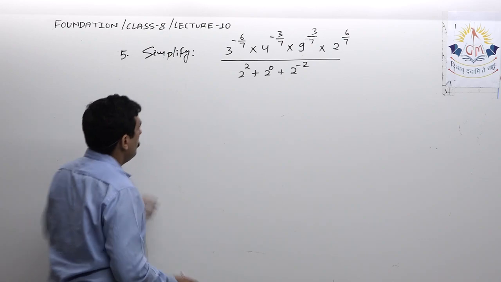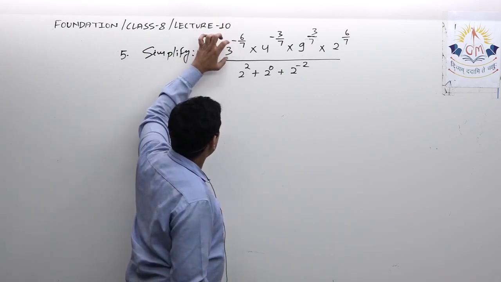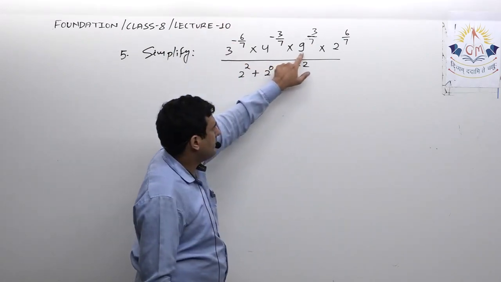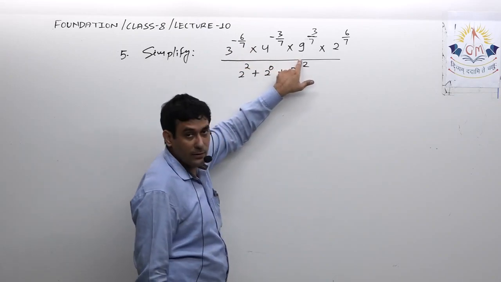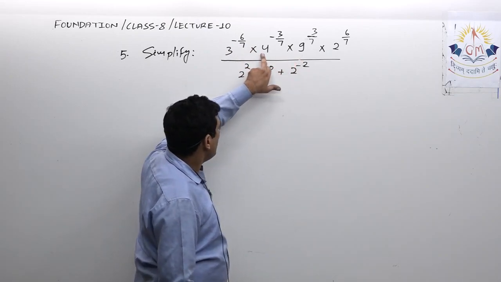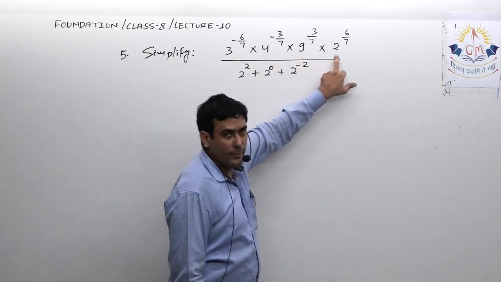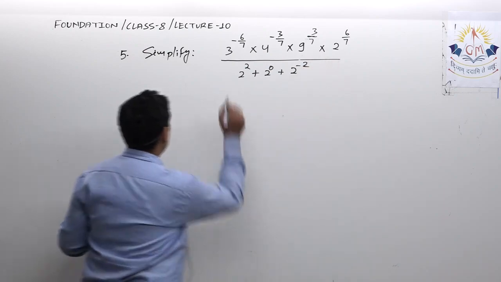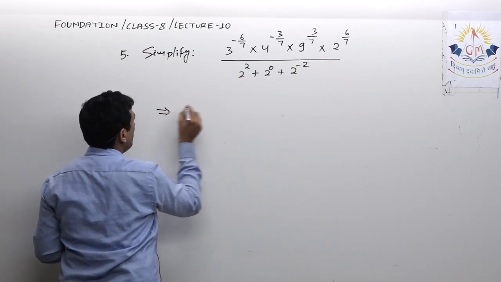If you observe the numerator, this 3 and this 9 can be converted to the same base, and similarly this 4 and 2 can be converted with the same base. So let us see how to simplify this.